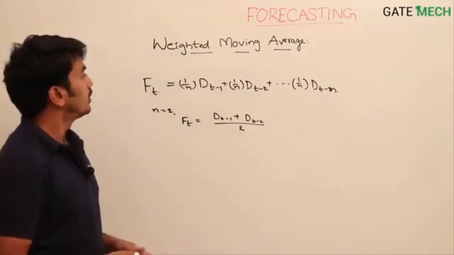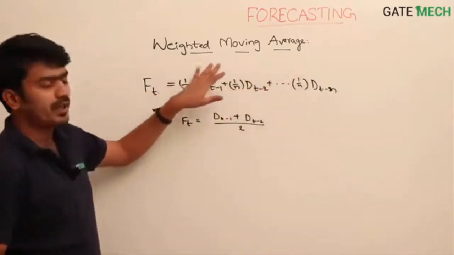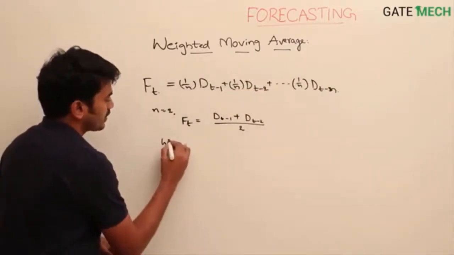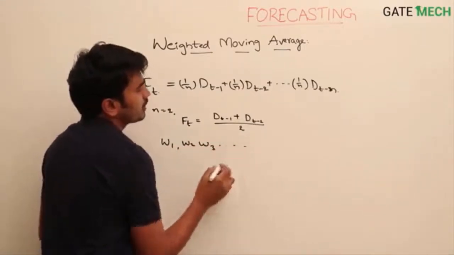So for that, there is a modified simple moving average method which is called weighted moving average, where we take weightages W1, W2, W3 for each of these data points.